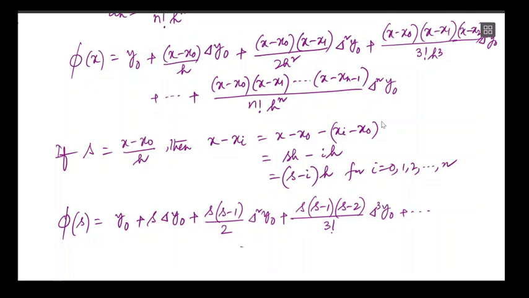In this way, the last term will be s into s minus 1, s minus 2, up to s minus n plus 1 by n factorial delta n y0. That is the Newton's forward difference interpolation formula.